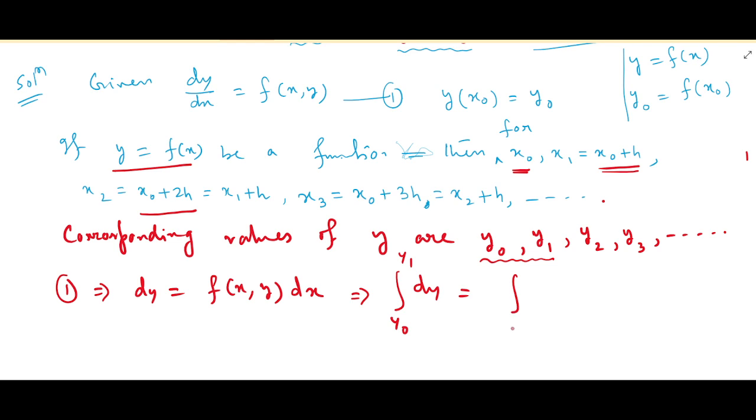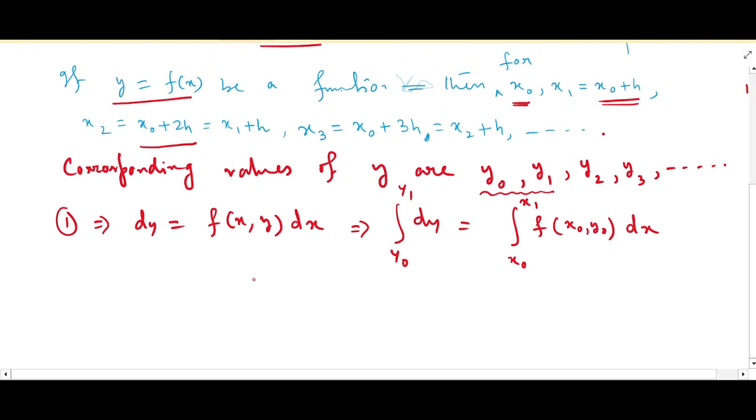See, at y0 the value of x is x0, and at y1 the value of x is x1. And this function f of x comma y, at the initial point, will become f of x0, y0, and then dx, right? So at the point x0, y0, this function f of x comma y will become f of x0 and y0. Let us integrate it.